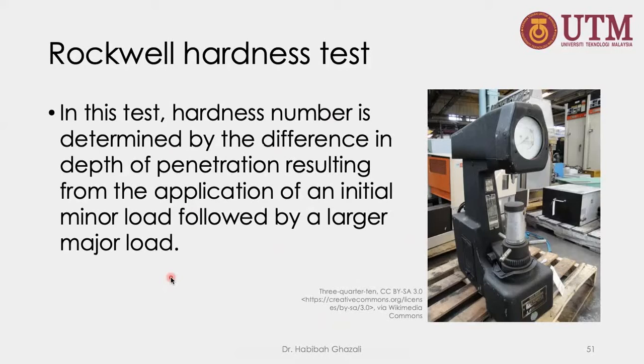All right, one method we can use is the Rockwell hardness test. In this test, the hardness number is determined by the difference in depth of penetration resulting from the application of an initial minor load followed by a larger major load.